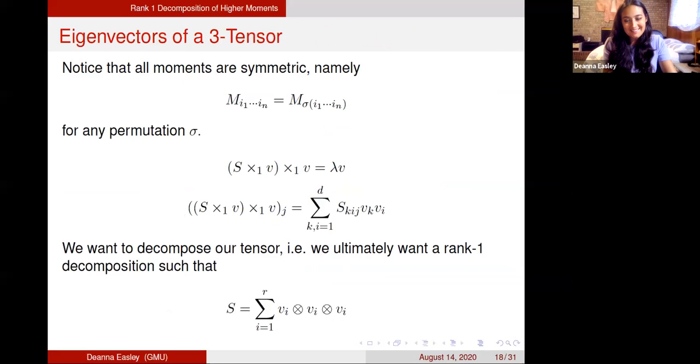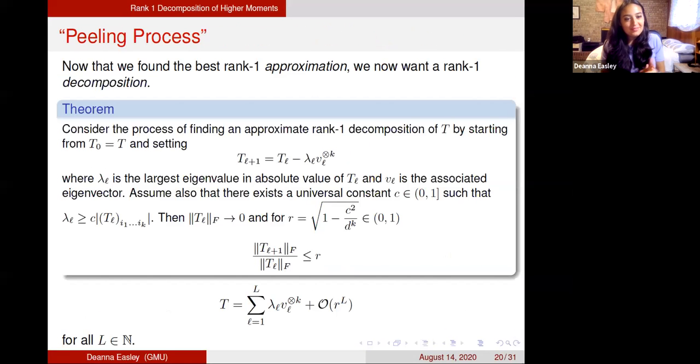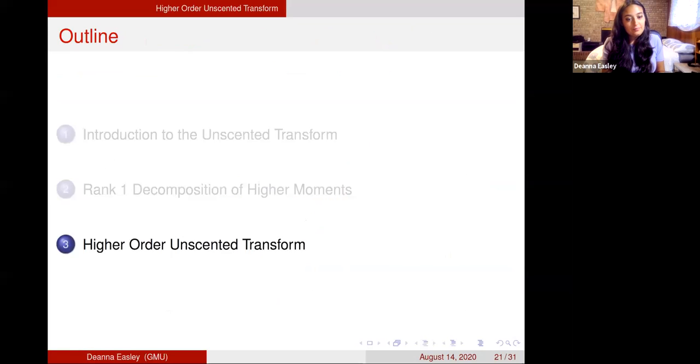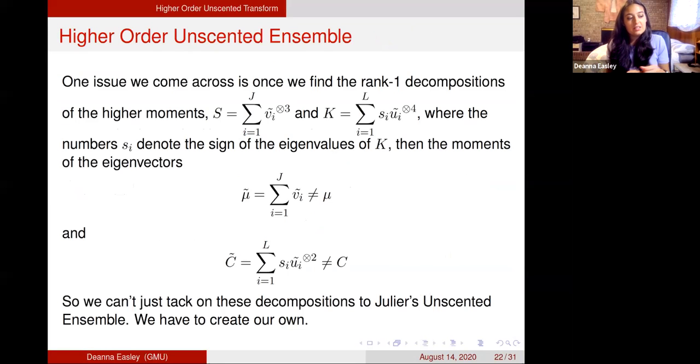I'm breezing through here. We were actually able to prove this theorem here, which gives us an effective way to find the tensor rank 1 decompositions that we're looking for. And of course, we can't just throw in these extra points, since that would mess up the existing moments. So we have to do something delicate here.